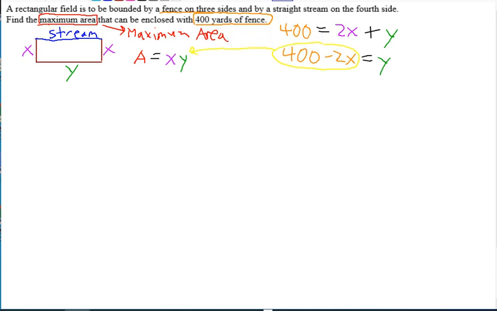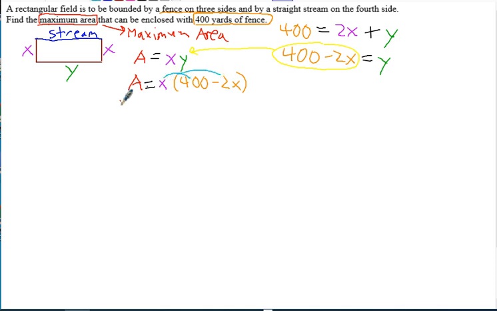So now we'll have the area is x times, we just replace the y with 400 minus 2x. And then you could take the derivative right here, but then that would require the product rule. So instead, let's go ahead and distribute out that x so that makes the derivative a little easier.